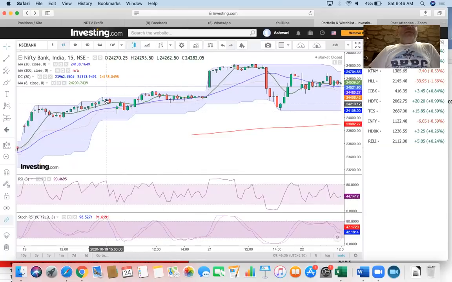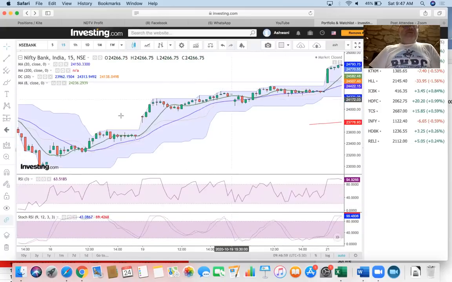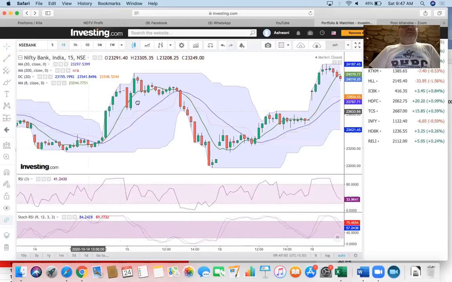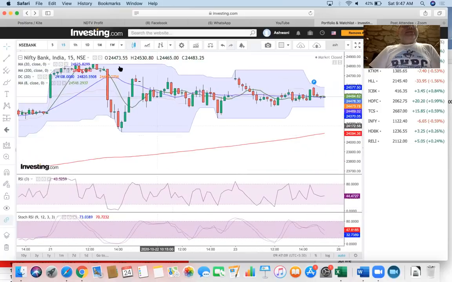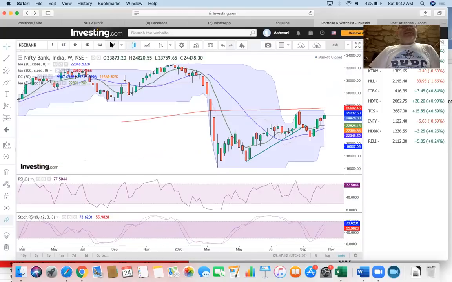Okay, now on a previous session basis, there was no way you could have had a high which was near this. So in this case, what you could have done is you could have used the Nifty 12,000 to take a trade on the Bank Nifty. So a trader has to be very intelligent in terms of using his levels. Okay, let's see if the weekly gave us some extra information.